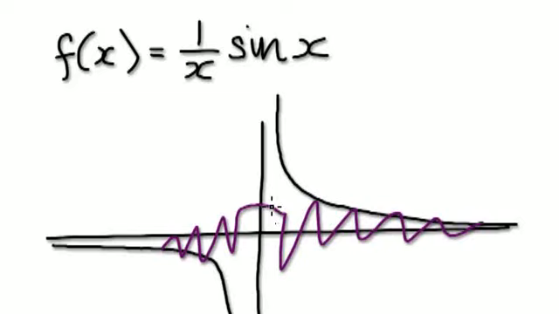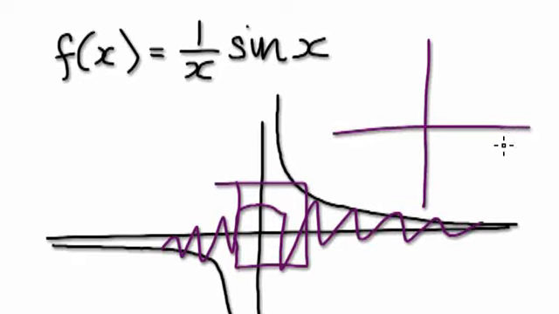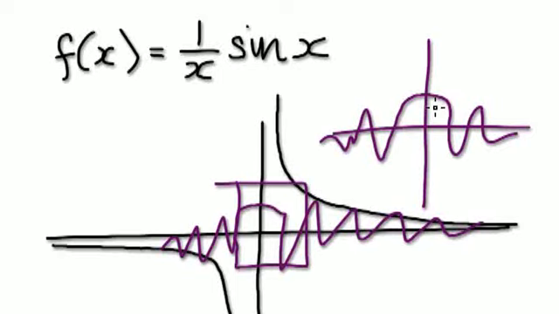Now zooming into this bit here, it will look something like this. Let's say you've got your graph and it crosses over here. At this point, I cannot have 0 in there.